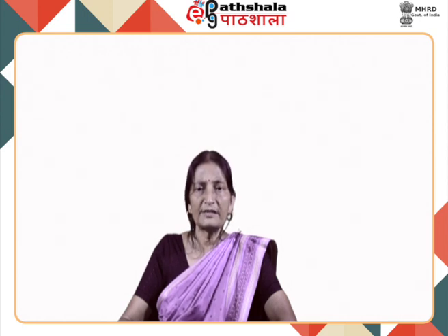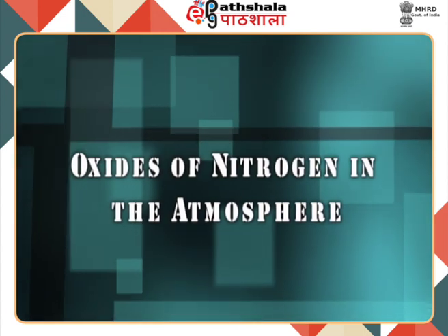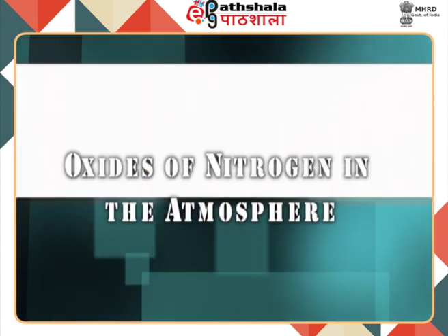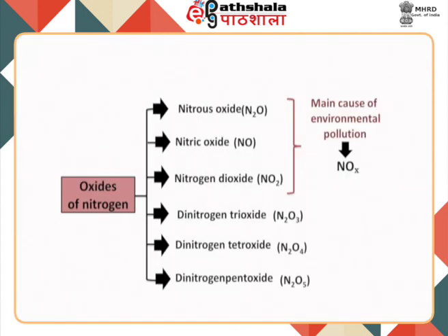However, when present in excessive amounts due to human activity, most of these gases exert detrimental effects and thus become air pollutants. Let's have a look at oxides of nitrogen in the atmosphere. Nitrogen forms a series of oxides on combining with oxygen.